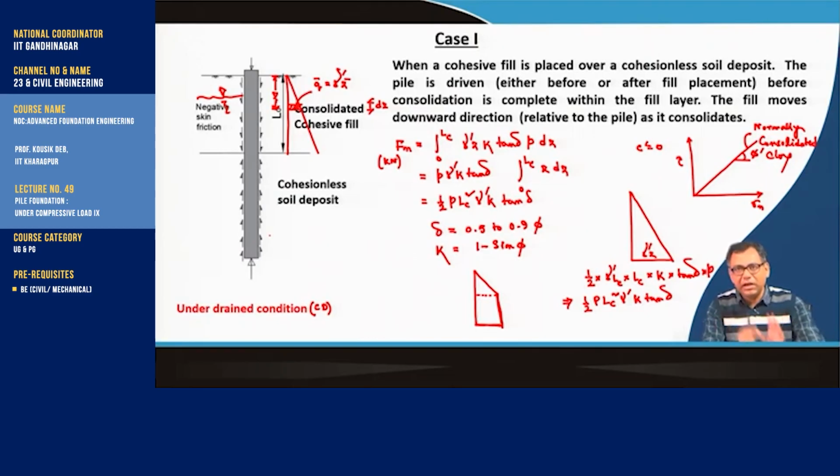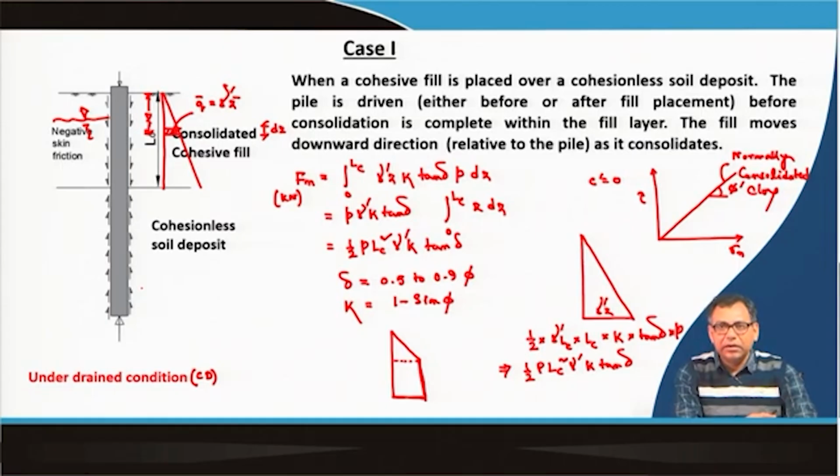That will be the only effect for the lower cohesionless soil; it will not give any negative effect. It will give the positive effect as it did before the placement of the fill. Once the fill is placed, the fill portion only gives the negative skin friction, and the cohesionless soil will give the positive skin friction, which will increase due to the placement of the fill as the overburden pressure will increase.